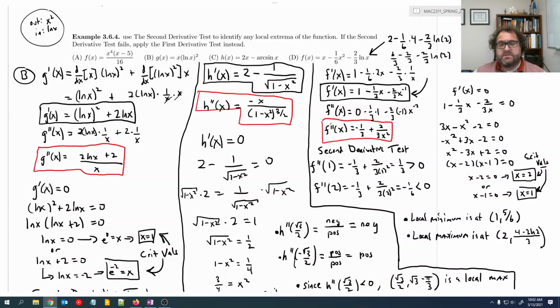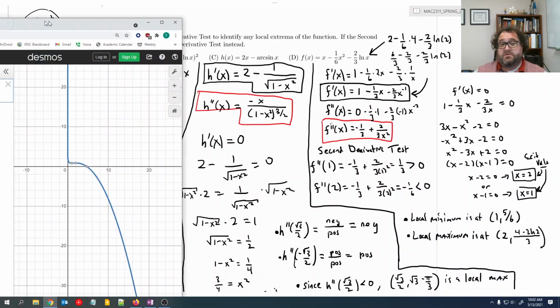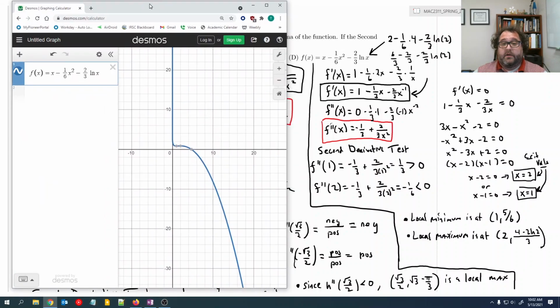Okay, so let's graph this and see what we can come up with. F of x, the original, was x minus 1 over 6 x squared minus 2/3 times natural log x. Hey, it's kind of a weird function. Again, that's a function that I have no idea what it would look like.